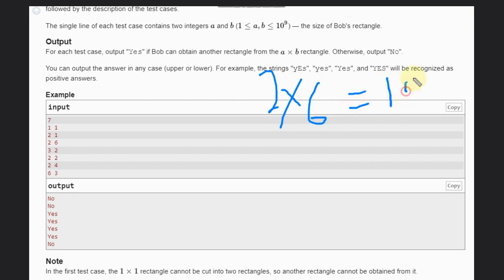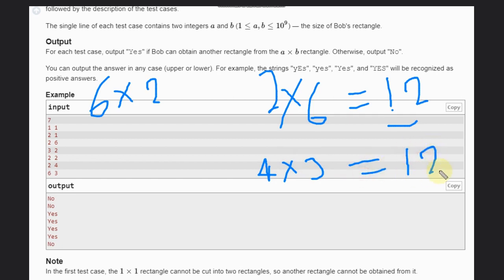We need to find something that is not 2 cross 6 or 6 cross 2, but the product of two such numbers will be equal to this number. So it will be 4 cross 3, that can make 12, right?